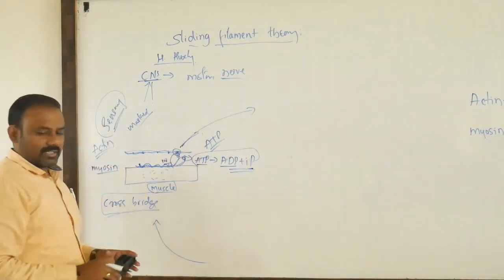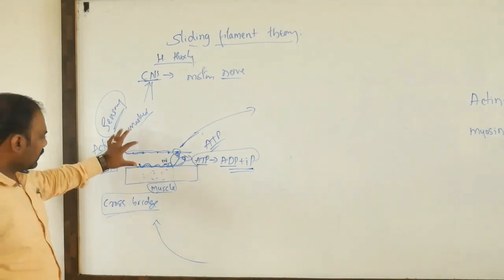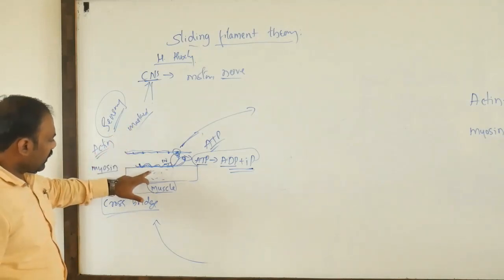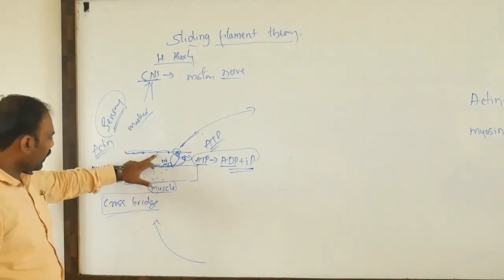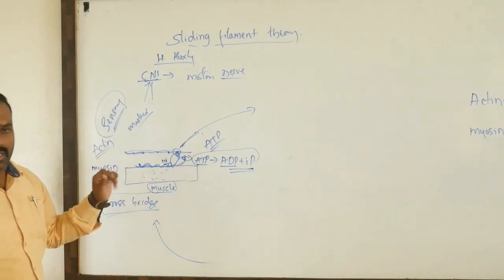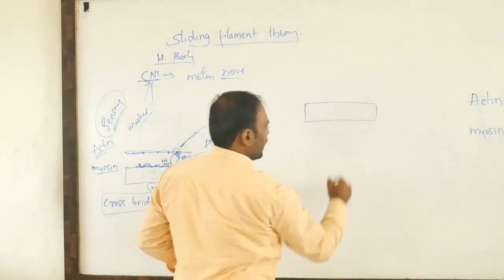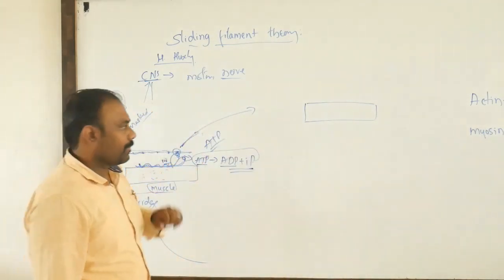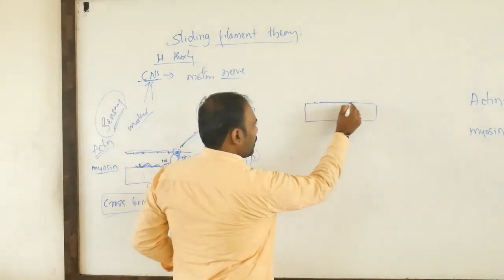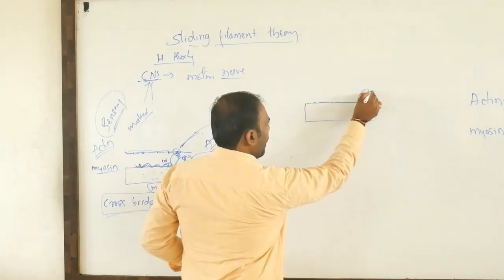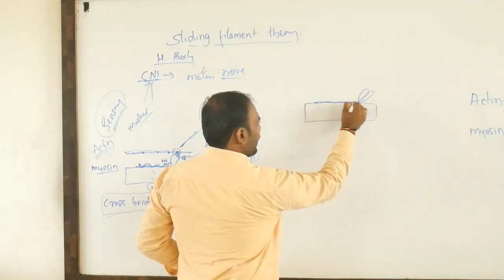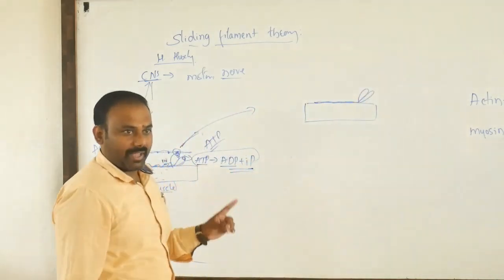Till now we discussed that the myosin filament holds the actin filament. That's all. Next, we have a muscle bundle. On the muscle bundle we have a snake-like structure called myosin.